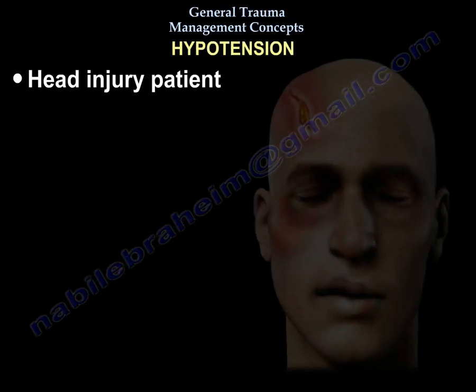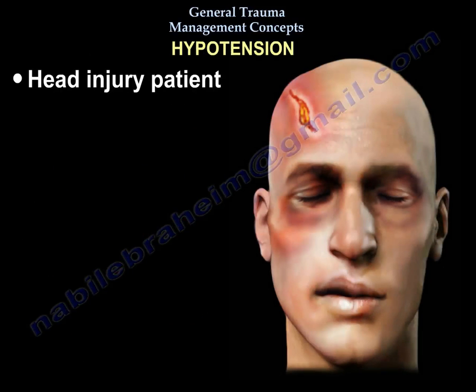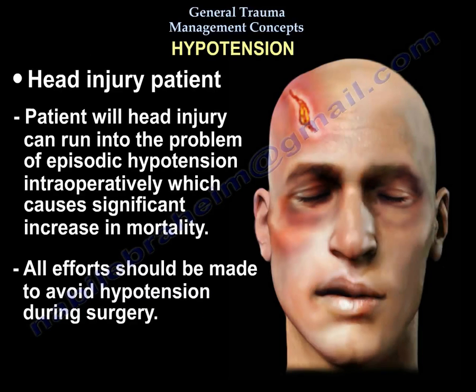Another one connected to hypotension is the head injury patient. Patient with head injury can run into the problem of episodic hypotension intraoperatively, which causes significant increase in mortality. All efforts should be made to avoid hypotension during surgery.